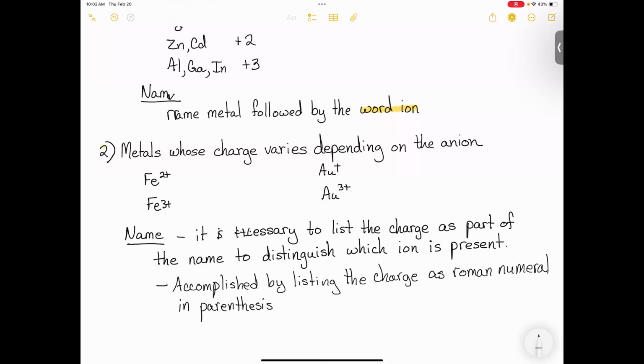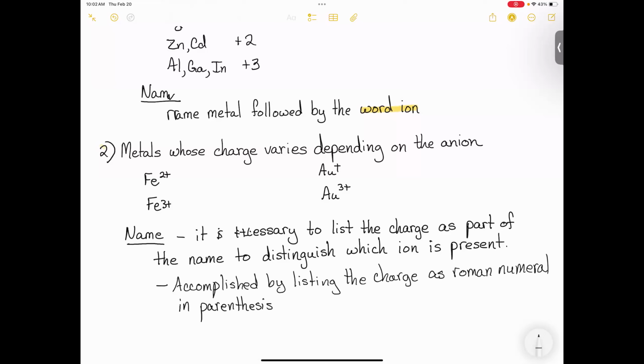So just as a reminder, if the charge is a +1, we're going to use the Roman numeral 1. If it's a +2, we're going to use the Roman numeral for 2. If it's a +3, the Roman numeral for 3.